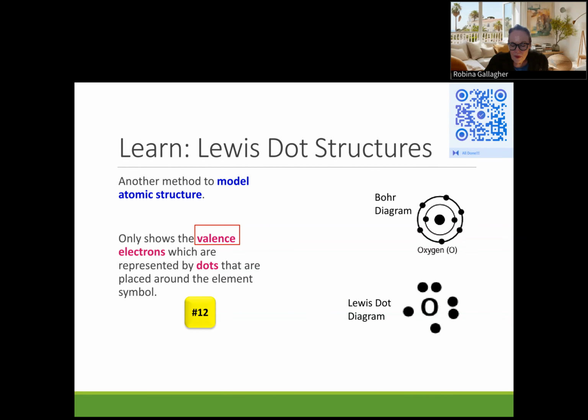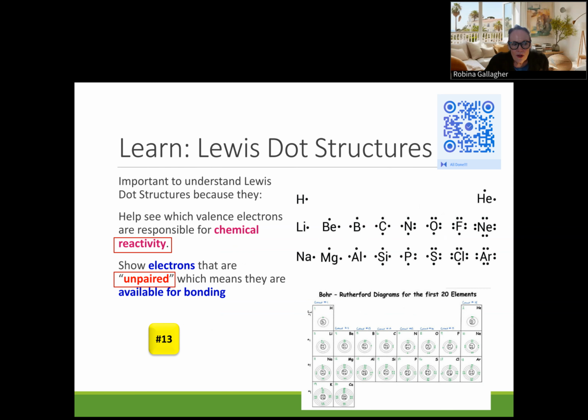So this is question 12. Now, Lewis dot diagrams do help us understand how reactive an element is going to be. Remember, if it has very, very few valence electrons, it's going to be very, very reactive.